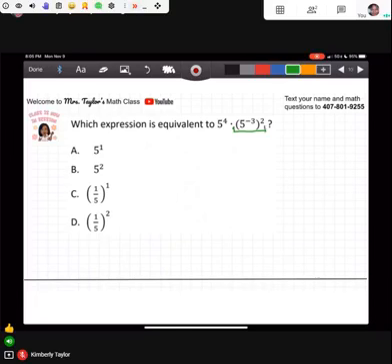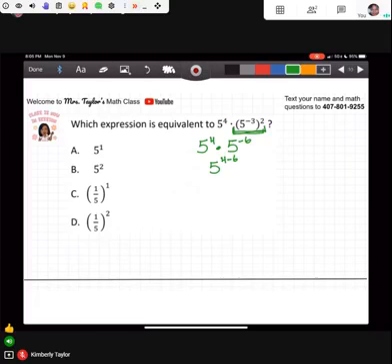You still have to follow order of operations when you're working with exponents. So this is going to be 5 to the 4th times 5 to the negative 6. And again, they have the same base, so you need to add the exponents together. So that's going to be 4 plus negative 6, or you can just write 4 minus 6.